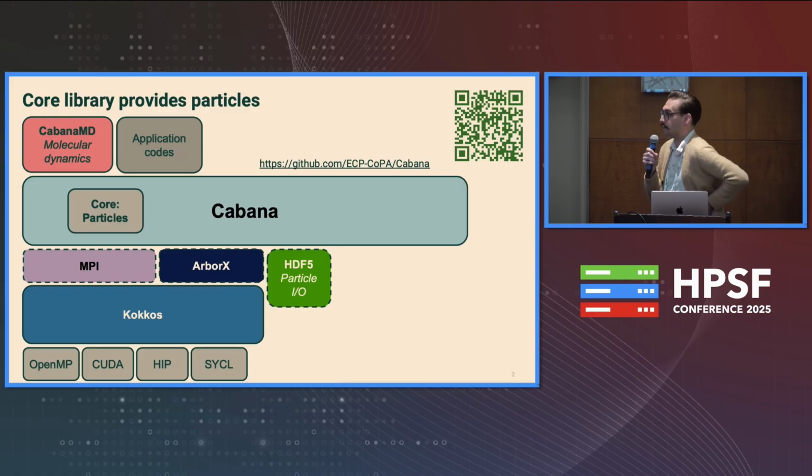So an example application would be CabanaMD, a very simple mesh-free molecular dynamics application. I've done a lot of work personally in discrete element method or peridynamics, a little bit in the more n-body cosmology world. But again, the mesh-free side is entirely Kokkos plus MPI, where MPI is in fact optional, which is the intent of those dashed lines.